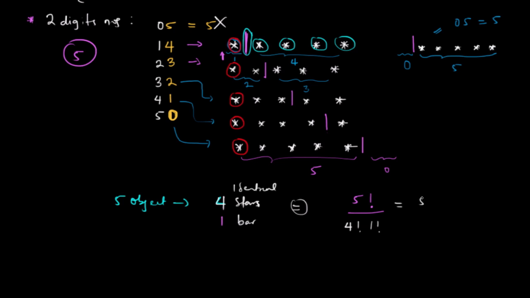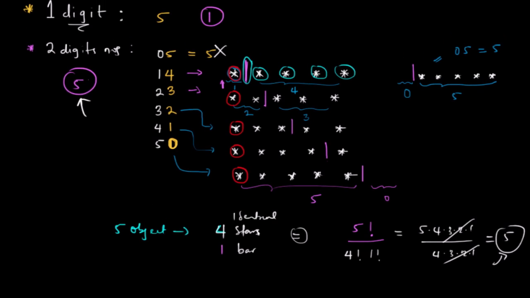This gives you 5 times 4 times 3 times 2 times 1 divided by 4 times 3 times 2 times 1. When this cancels off, what you have is 5. So this corresponds to what we generated manually. The answer we generated manually was 5, and using the simple technique which I just showed you, we also obtained 5.